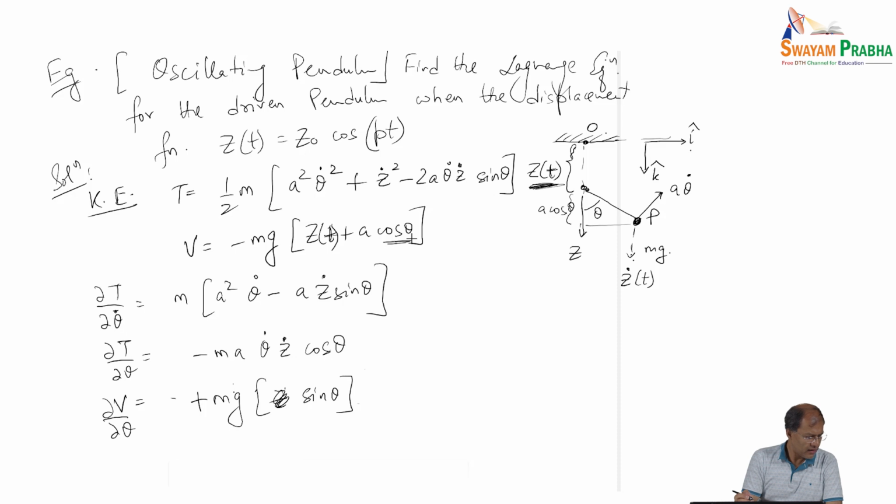we can further assume that z is of this form: z is z naught cos pt. So we can plug everything in here. And now we are ready to write down the Lagrange equation of motion.